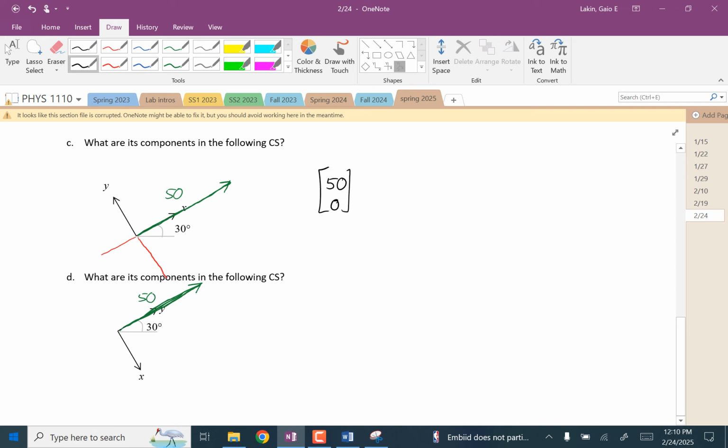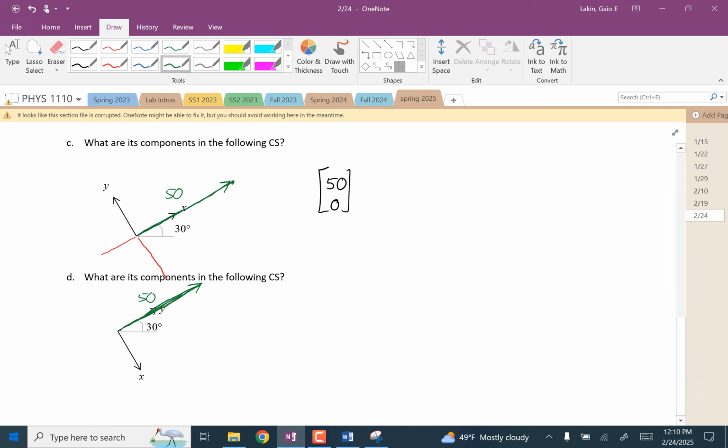The other approach still works. You could say that that's 50 times the cosine and sine of 0 degrees, and you'll get the same answer. But it's a lot easier to just visualize this. Remember that the components of a vector are the same as the coordinates of the head of the vector if the tail is at the origin.